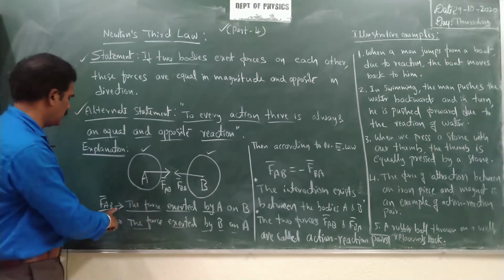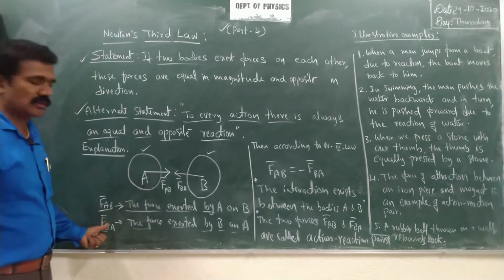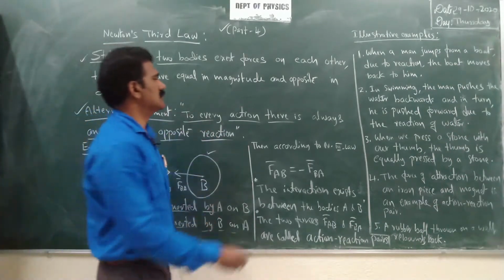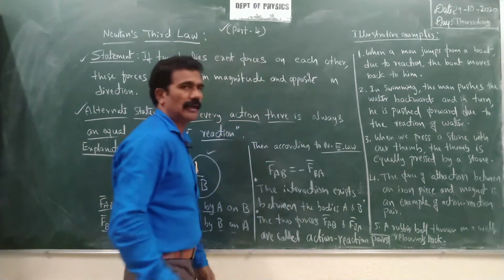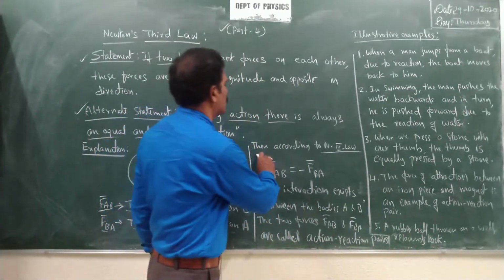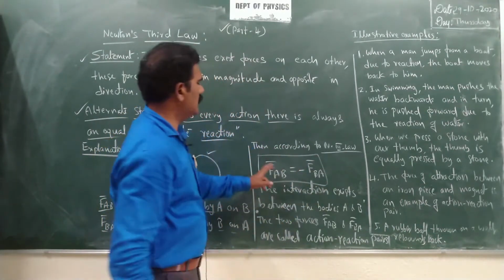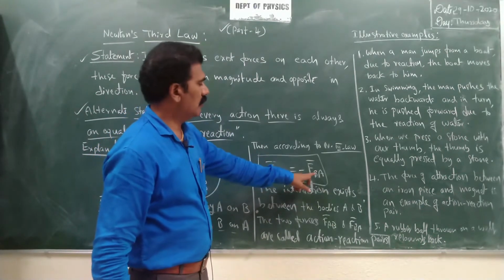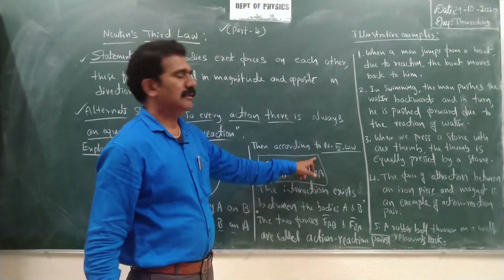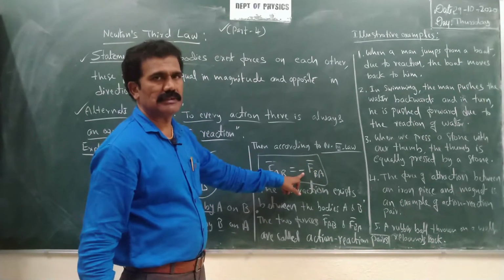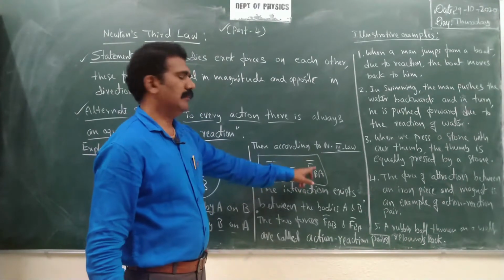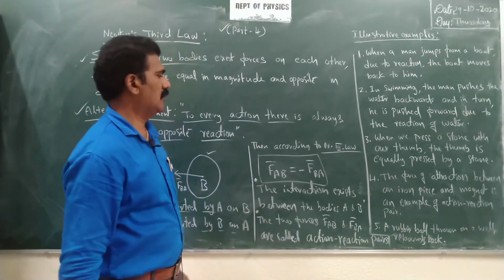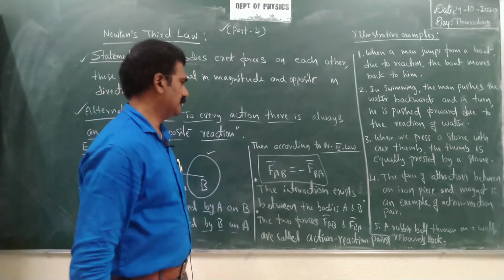So if F_AB and F_BA are the two equal forces acting in opposite directions, then according to Newton's third law, we can write the statement in the form of an equation as F_AB = -F_BA. The negative sign indicates they are opposite in direction, equal in magnitude. That is Newton's third law statement in the form of a force equation.